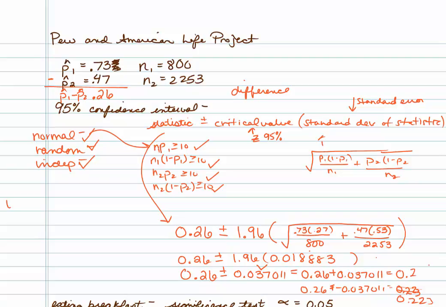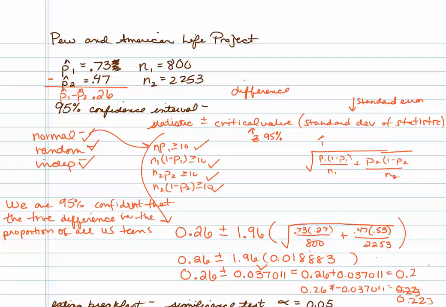And we can go back and remember the wording for this one. We are 95% confident that the true... Now, you can't say mean, you can't say proportion. This is talking about difference of proportions. So we have to use that wording in there. We are 95% confident that the true difference in the proportion of all U.S. teens and adults.